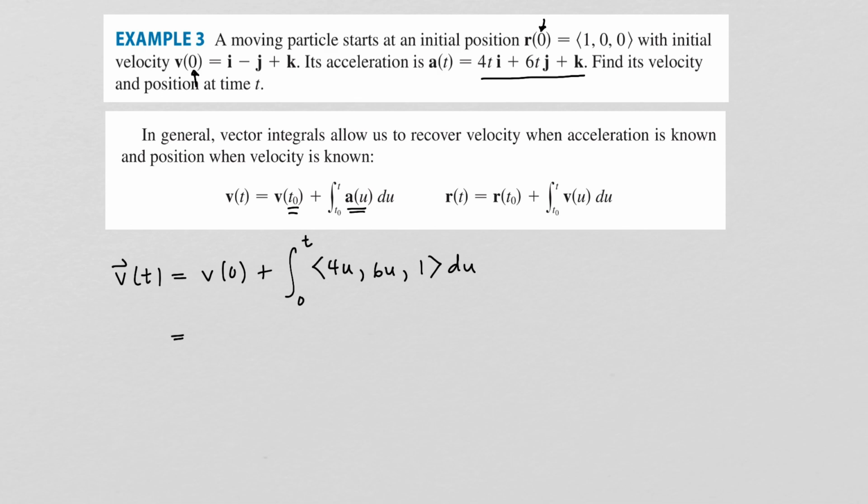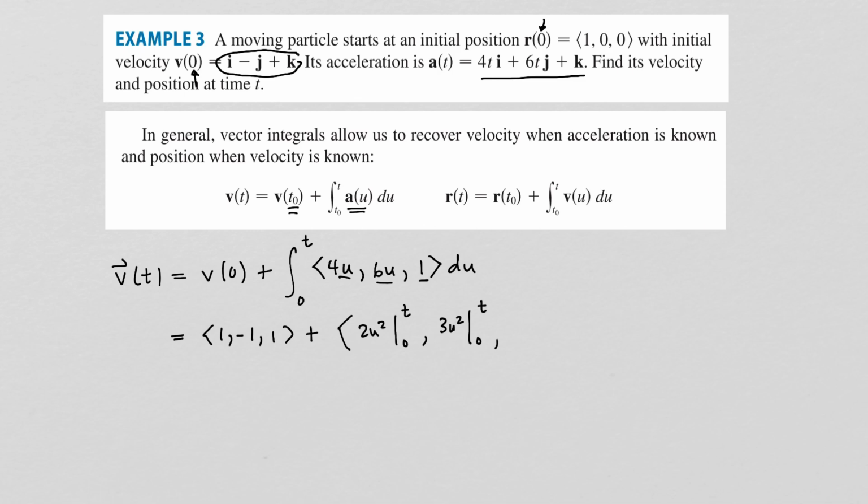So to do this, we simply need to integrate each of those components. So we have v of 0, which is this number here, which is simply 1, negative 1, 1, plus the antiderivative of each of these. So the antiderivative of 4u is going to be 2u squared, but then we have to evaluate it from 0 to t. Then the next component is 6u squared divided by 2, which is 3u squared, again going from 0 to t.